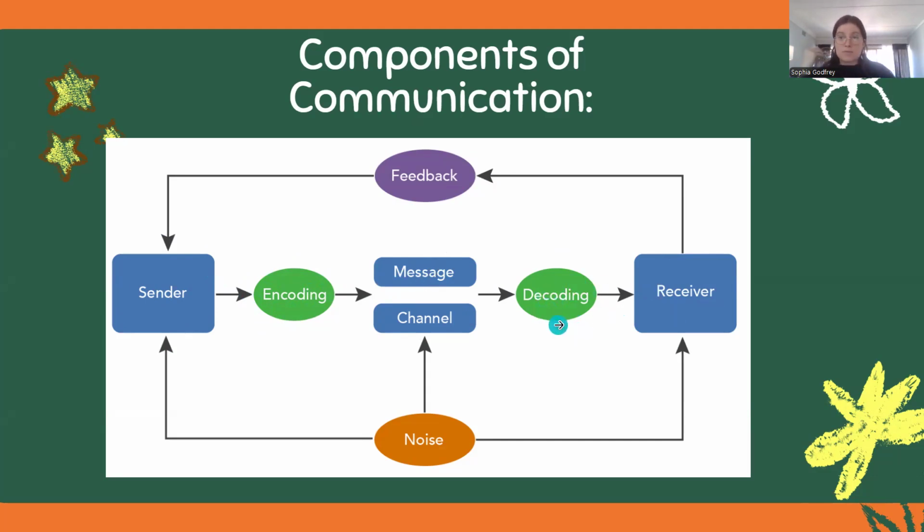As the receivers, as you're taking it in, you're decoding. You're like, okay, what is she saying? You're trying to make sense of the message I am telling you. Then we have the message. The message is literally the words I'm speaking out loud to you right now.